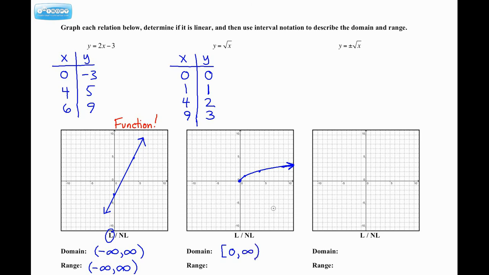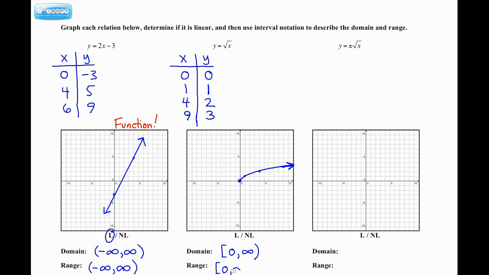What's the range? We're talking vertical. How far down does it go? How far up does it go? The lowest point it reaches is y equal to 0. That's included, so that is a square bracket with 0. Yes, the graph goes to the right, but we don't care about that. Notice it is also still going up, albeit very gradually, but it does continue going up forever.